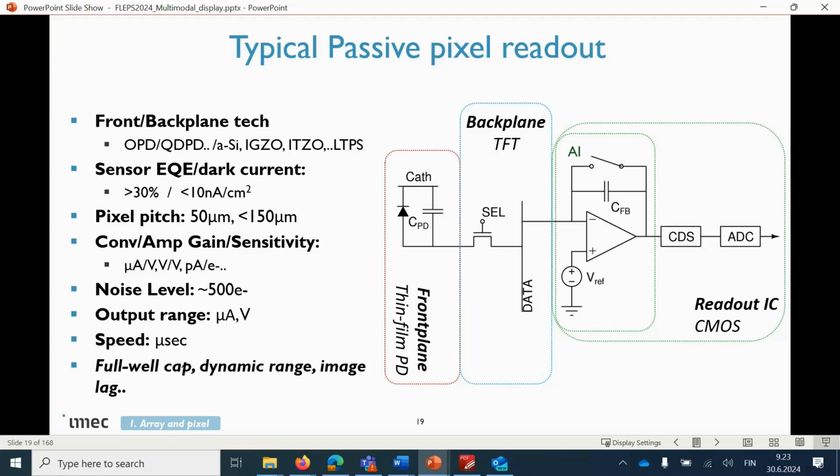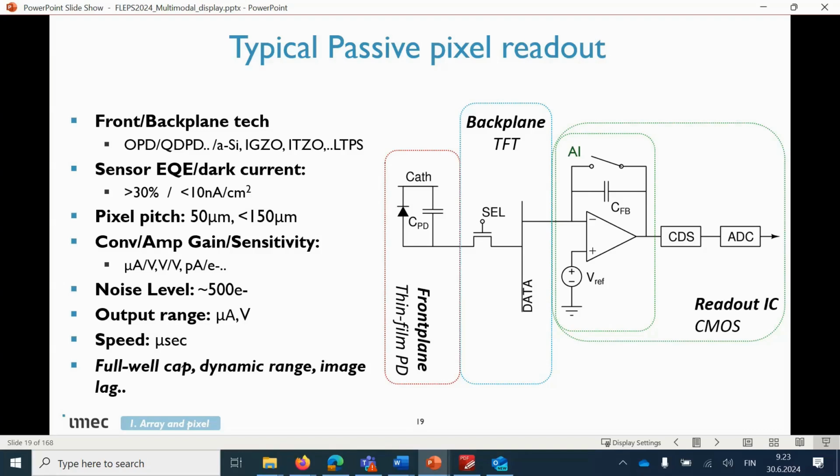Then the next thing that you need to be aware of when designing is the sensor's performance. What is the EQE of the sensor? What is the dark current of the sensor? Numbers reported as 30% and higher are out there. And for the dark current, they talk about 10 nanoampere and lower. Then is the pixel pitch.